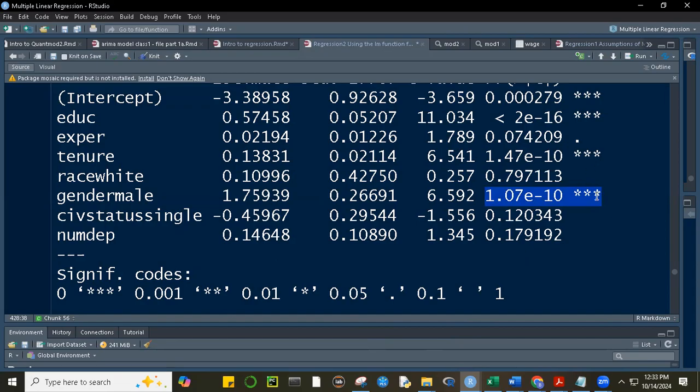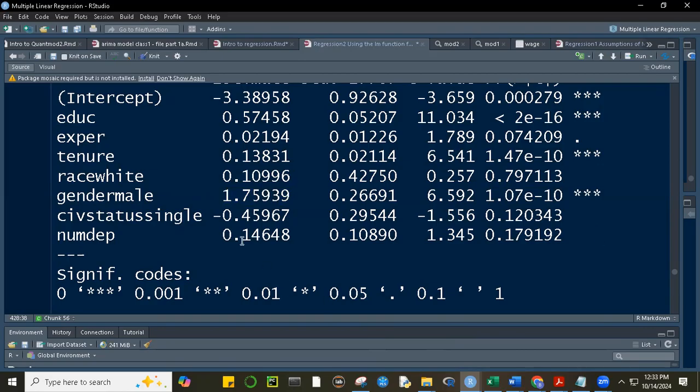All right. Take a look, gender male. This is already telling us that the reference is female. So this value here is for male. When you interpret this, you should interpret this in relation to the benchmark, which is female. So it means that on the average, male employees receive $1.76 more than their female counterparts, ceteris paribus.